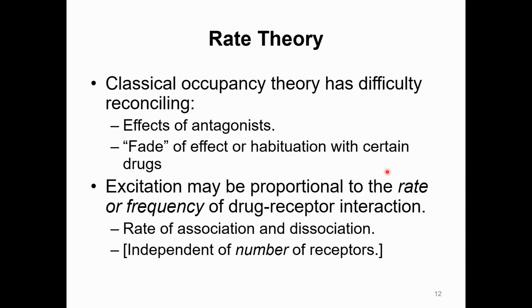Another problem in reality with occupancy theory is drug fade or habituation. That's where you have a good dose that's working for a while, and then like 2 months later, it's not working as well. So the effect is fading. Or, it's almost like the same way of saying that the patient is becoming habituated to the drug.